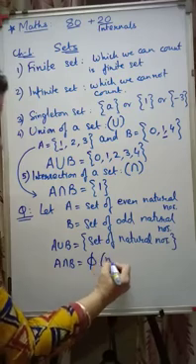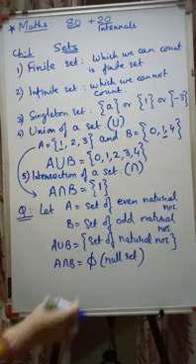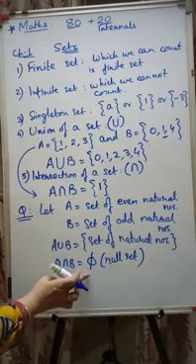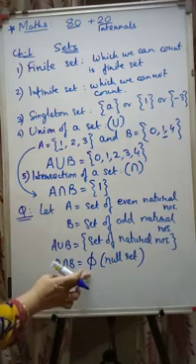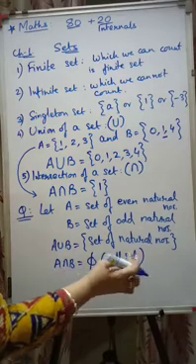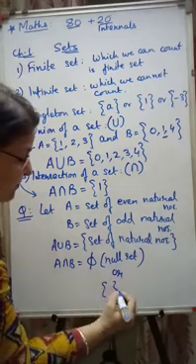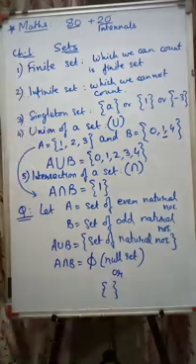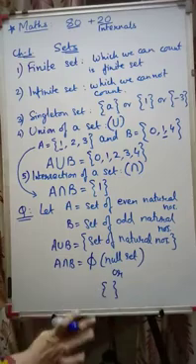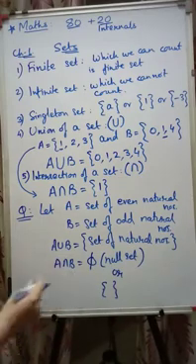This is written as phi. In physics you will also study phi. This notation is actually phi. Phi is the null set. It can also be written as brackets with nothing written inside. So this is A intersection B.